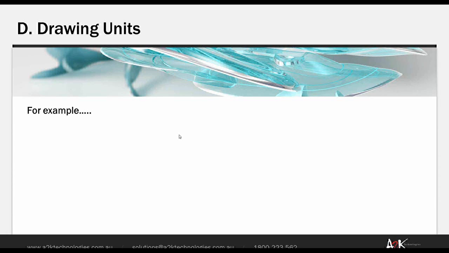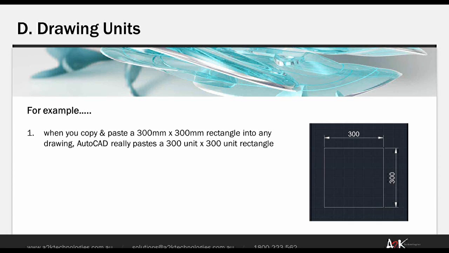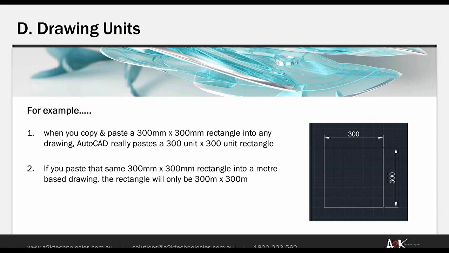And then we communicate that to other users so that they know that's the way it's drawn. For example, to explain that concept a little bit better, when you copy and paste a 300mm by 300mm rectangle into any drawing, AutoCAD really pastes it as a 300 unit by 300 unit rectangle. So if we take that same rectangle and paste it into a meter drawing, the rectangle will only be 300 by 300. So you can see that the physical dimensions of the rectangle haven't changed.